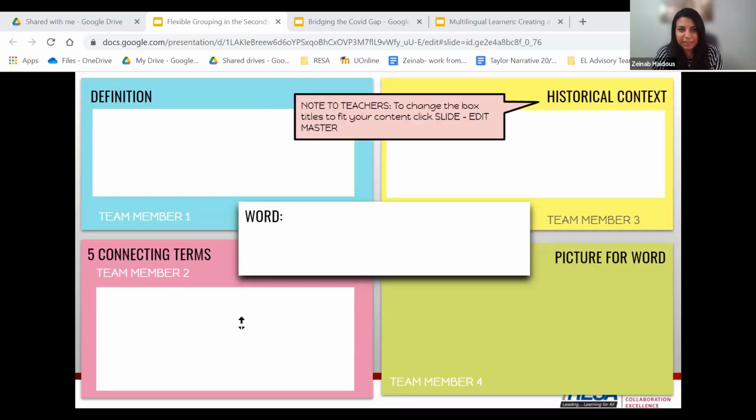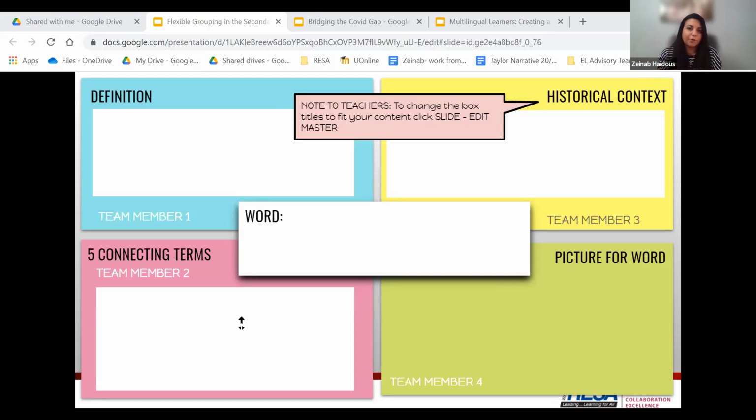This strategy is known as the Frayer model, or some of you have heard it as the Four Corners vocabulary activity. And this is where you have the vocabulary word placed in the middle, and then you have different categories that surround it.